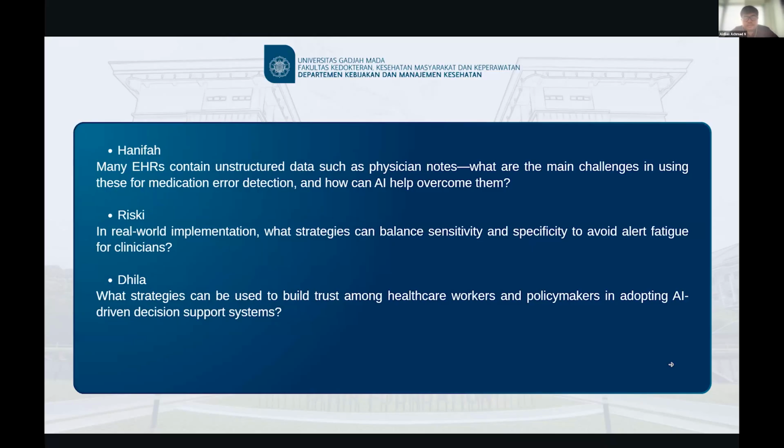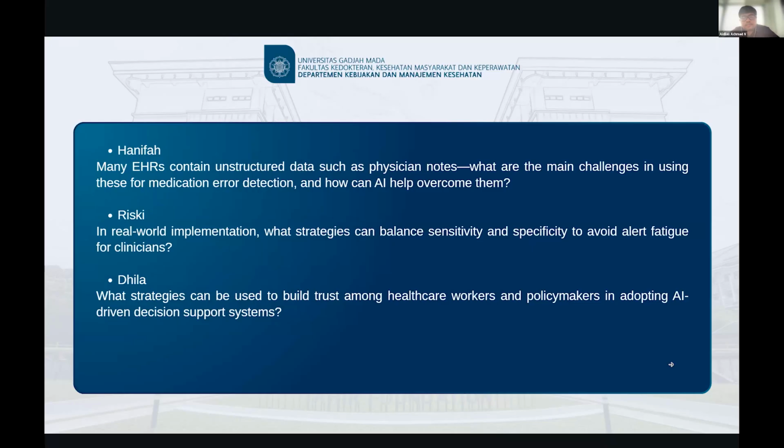We can also do training, for example in surveillance with infectious disease modeling, so they know how AI works and how it can provide information or analysis results for better decision making.